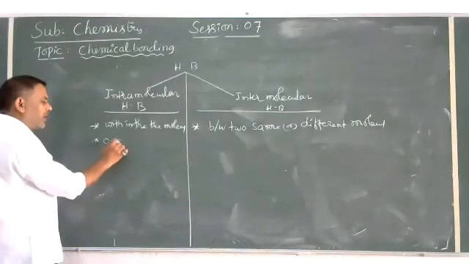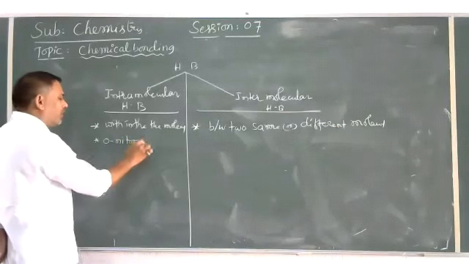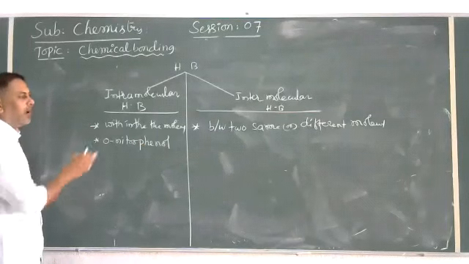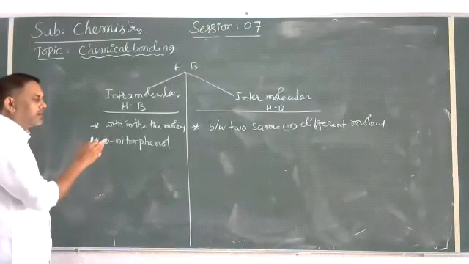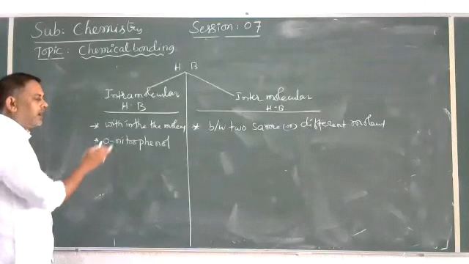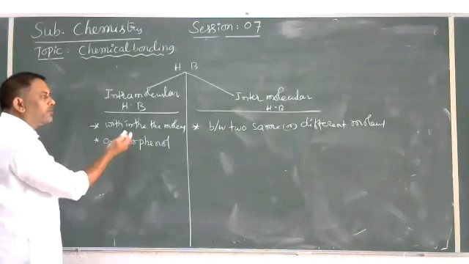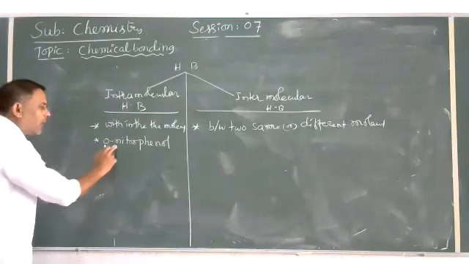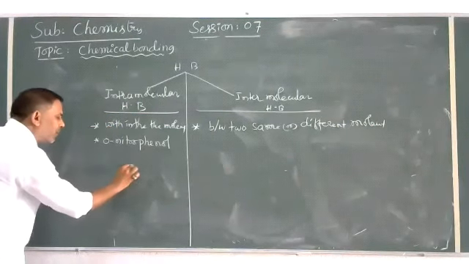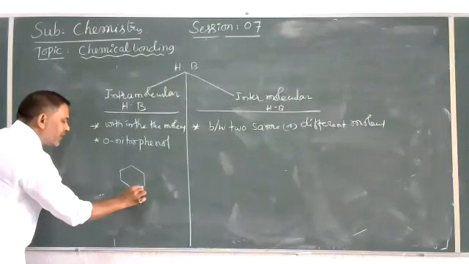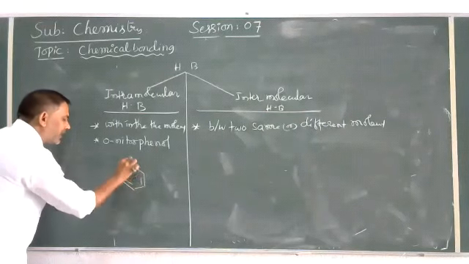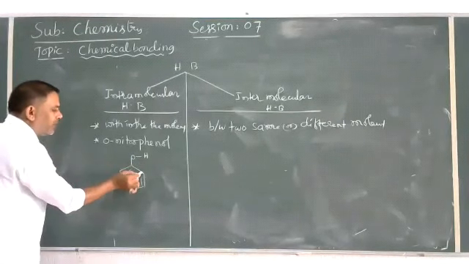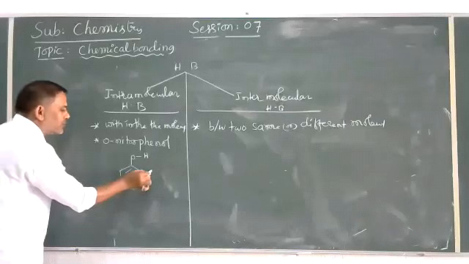I'll take one example, ortho nitrophenol. This ortho nitrophenol is the best example. Ortho benzoic acid or salicylic acid or some ortho related compounds generally show intramolecular hydrogen bond. Now ortho nitrophenol means we know this is benzene. To the benzene at one position, the OH is there, that is phenol. The next immediate adjacent position is called the ortho position.